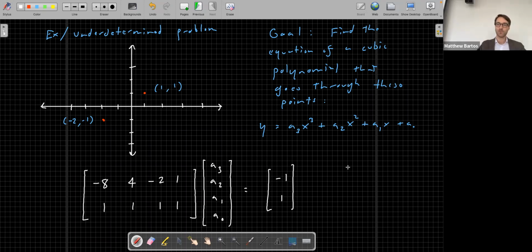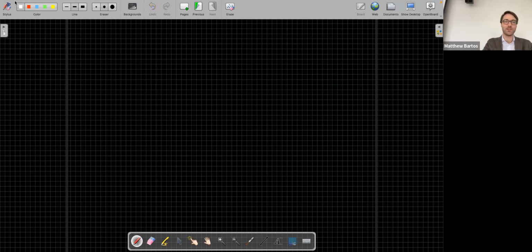Okay, so just as before, we have A times theta is equal to y. And we're trying to find the parameter vector theta that satisfies the system of equations and is also a minimum norm. So how can we do that in this case? What equation do we use? We use the right pseudo-inverse.